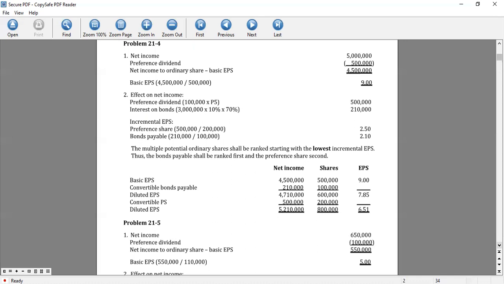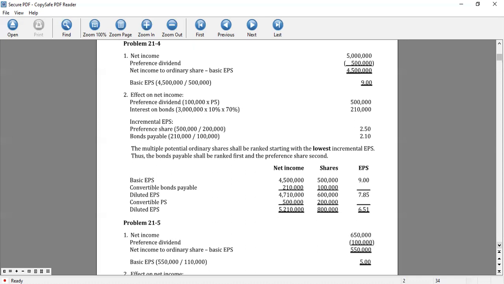So the basic EPS is 4.5 million divided by 500,000 shares ordinary. Then for number 2, computing for the diluted earnings per share, effect on net income, a preference dividend 500,000 is computed above, and we have the preference dividend 100,000 shares multiplied by 5, so 500,000.